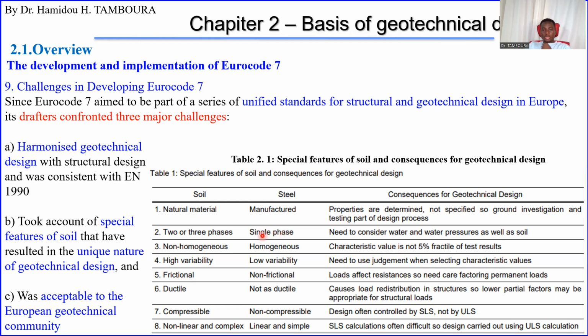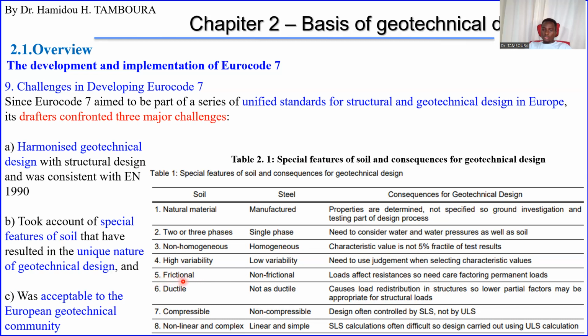But for soil, we also need to consider water and water pressure, not only soil. And soil is not homogeneous like steel. It has high variability. Steel doesn't vary too much.